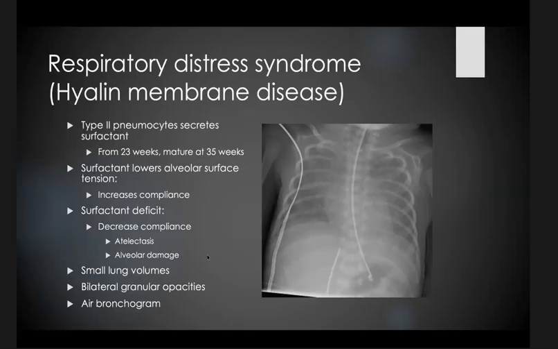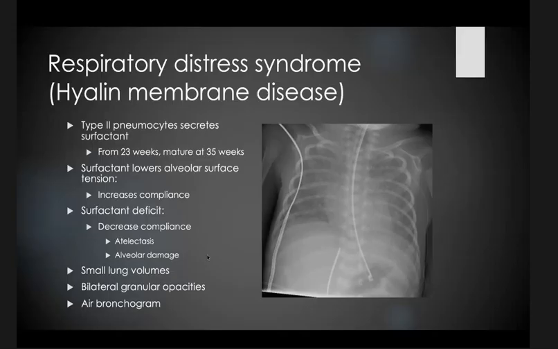So let's shift to the premature baby. So the respiratory distress syndrome. You know from your medical course that type 2 pneumocytes secrete surfactant, and they start to secrete it from 23 weeks and it matures up to 35 weeks. The surfactant basically lowers the surface tension of the lungs, which increases compliance.